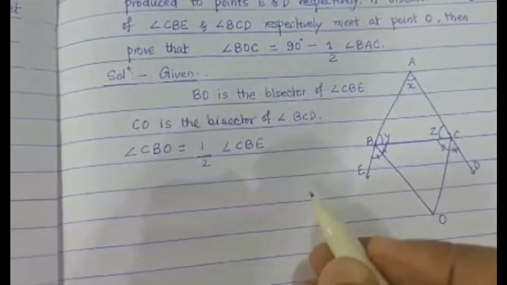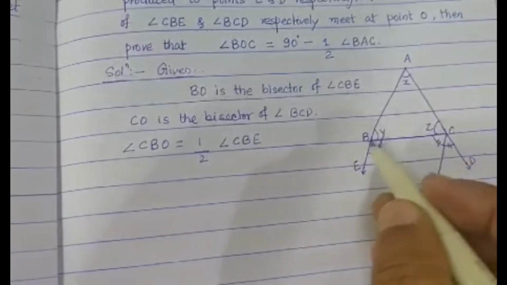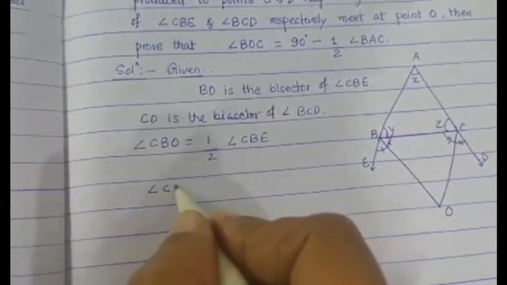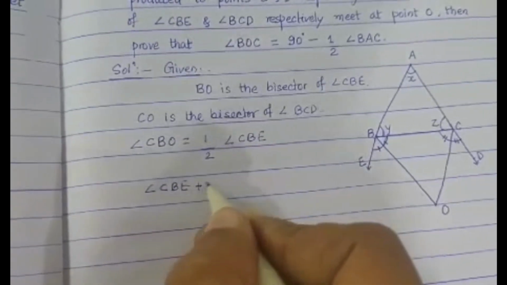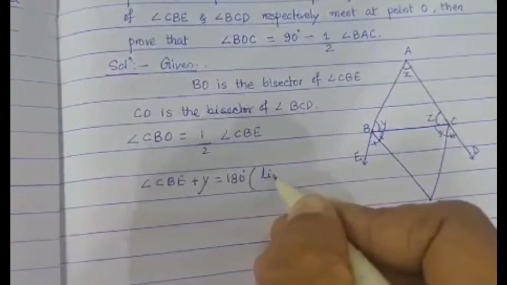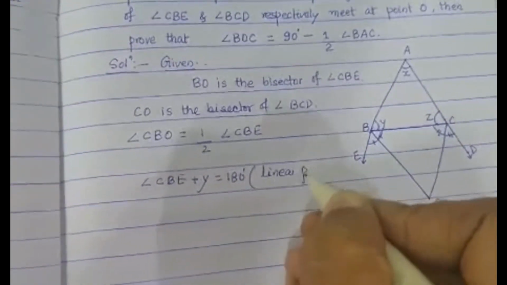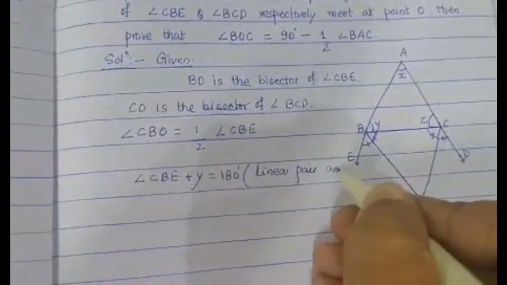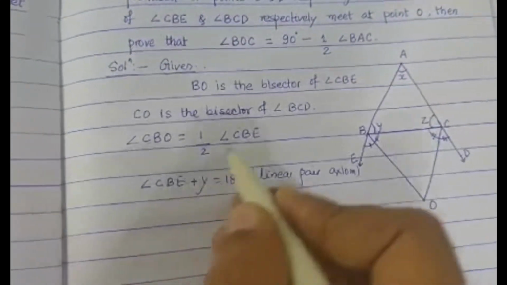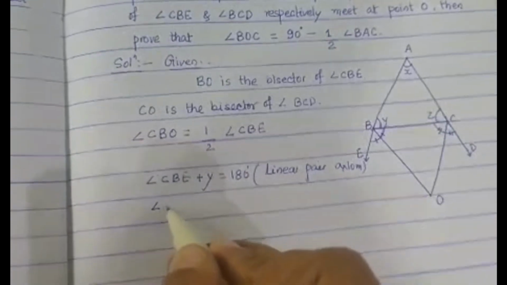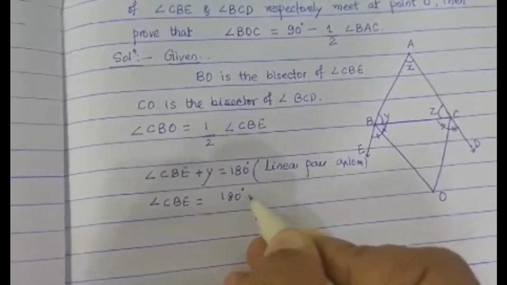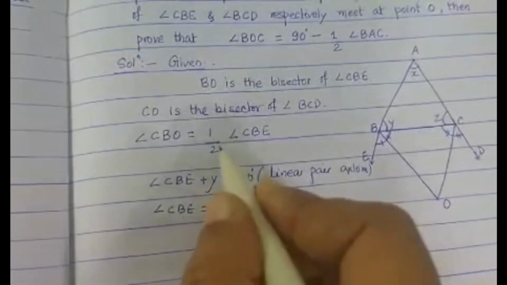Okay. And we can also write that this angle CBE plus angle Y is equal to 180 degrees. This is linear pair axiom, or a straight angle you can say. So angle CBE will be equal to 180 degrees minus Y. We will put it here.